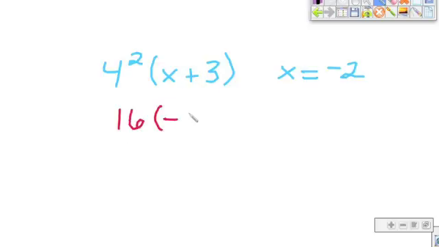Instead of x, I'm going to put negative 2 plus 3. Now, what do I have more of? I have 2 negatives, but I have 3 positives. So I have more positives. So my answer is going to be positive. But I'm going to subtract because they are opposite signs. So 3 take away 2 is going to give me 1 times 16. 16 times 1 is 16.